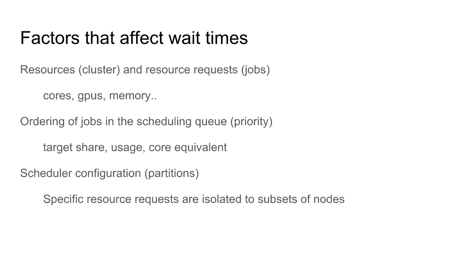This is how are the nodes organized? So all of the nodes on the system, how are they organized so that specific jobs get a chance to run and that specific resources are made available. And so specific resource requests are isolated to subsets of nodes for important reasons. And understanding how these subsets of nodes are organized can affect decisions on how jobs are submitted.